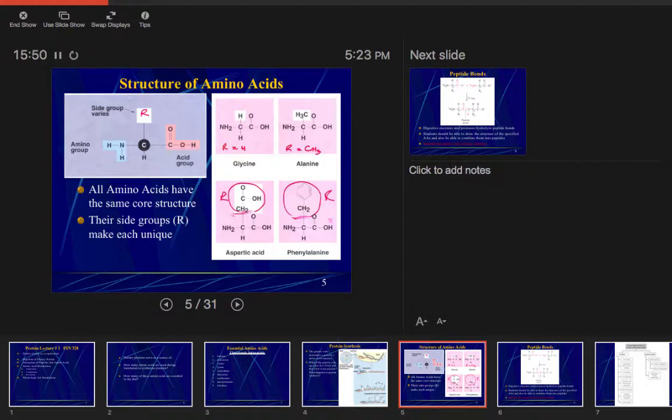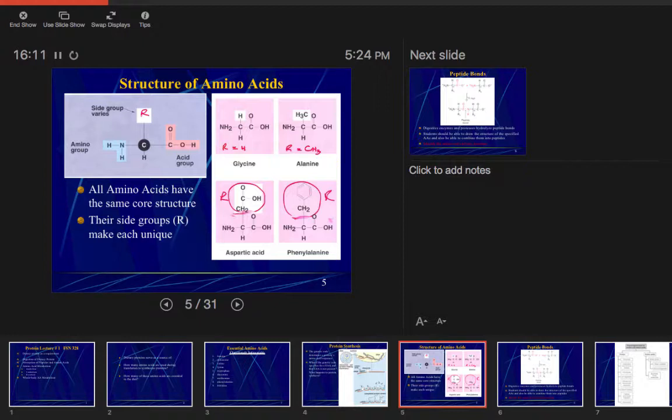All right, so remember the structure of amino acids. All amino acids have the same core structure. And we're just talking about the 20 that are used for protein translation. Remember there's some other ones like taurine that aren't used for translation. But if we look at their structure, I'll review. They have a central carbon, known as the alpha carbon.